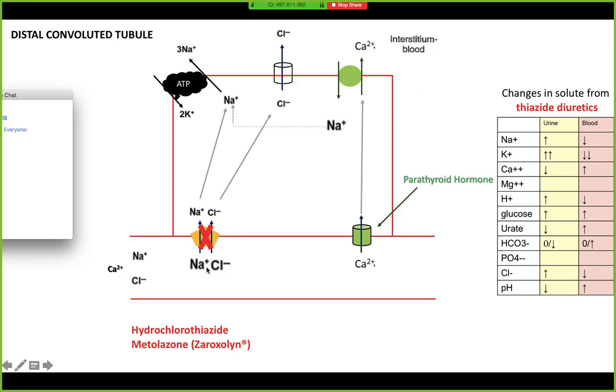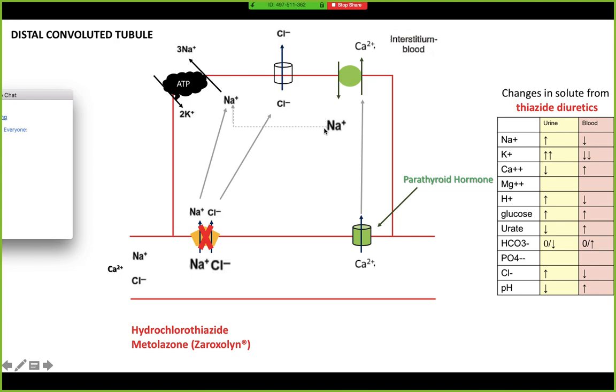So if you block this sodium and chloride transporter over here, you're going to have a decrease in sodium absorption, and then also sodium reabsorption.